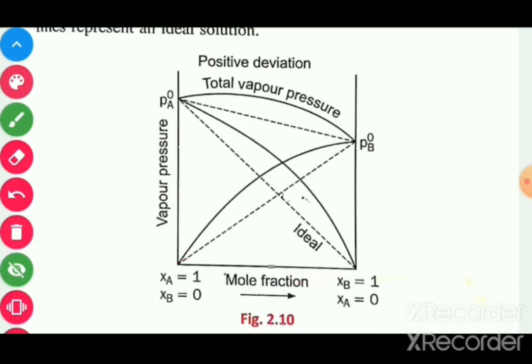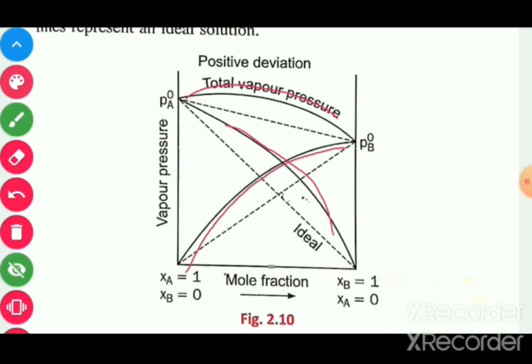On the left side of the y-axis, the vapor pressure of pure component A is taken, and on the right side of the y-axis, the vapor pressure of pure component B is taken. Here the curved line, the bold line, indicates the positive deviation.